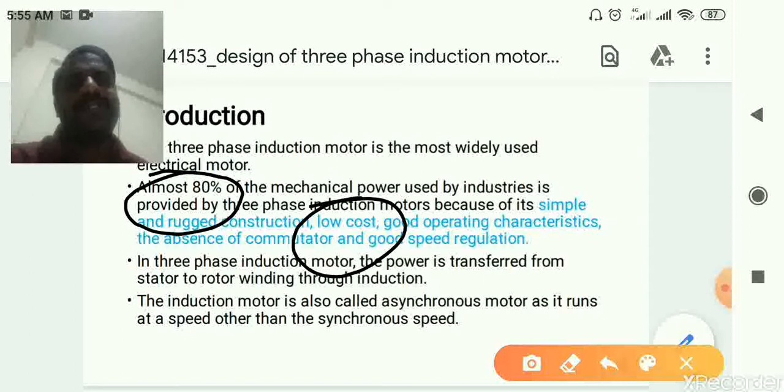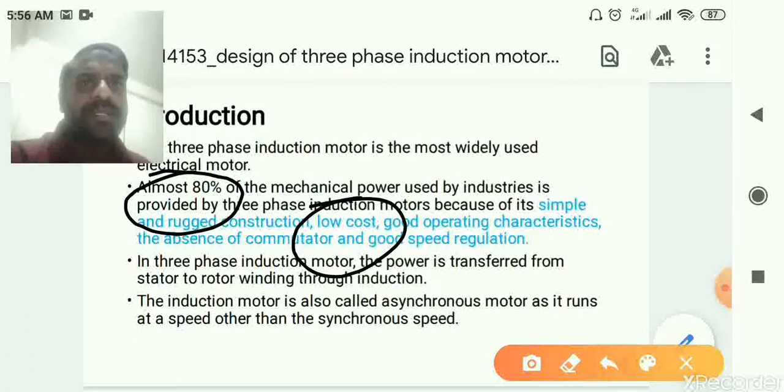It means in a DC motor we are giving supply to both the stationary and rotating parts of the machine. But in an induction motor we only give supply to the stator winding, and EMF is induced in the rotor due to induction.